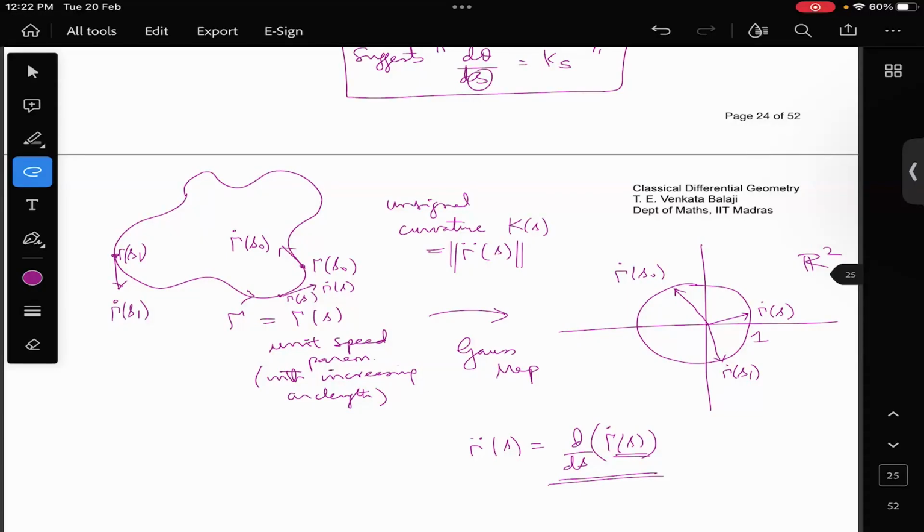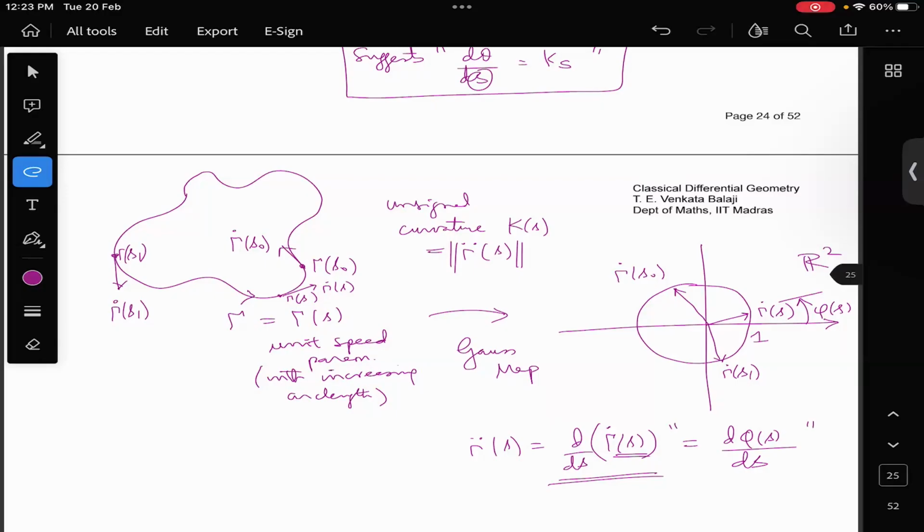So you measure the angle phi s that the tangent vector makes with a fixed direction, say the positive x-axis. Then you should expect that this is just d phi of s by ds.